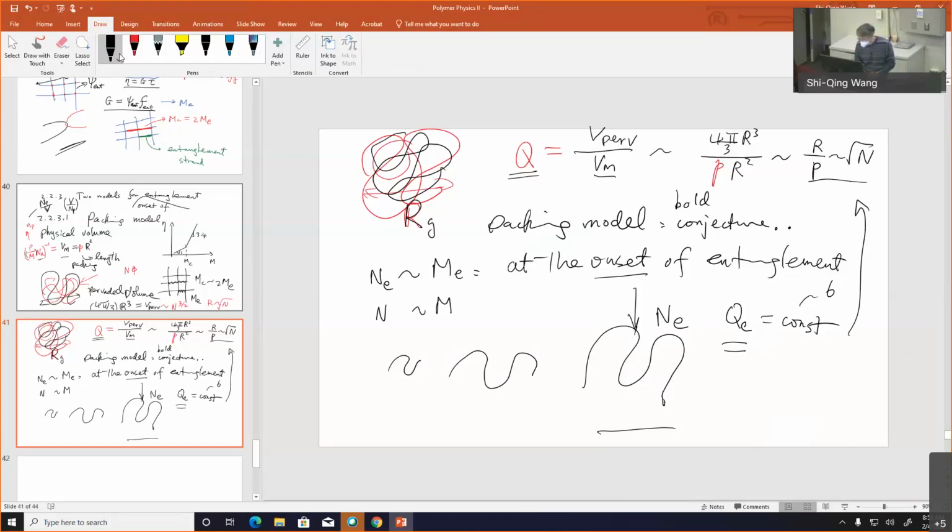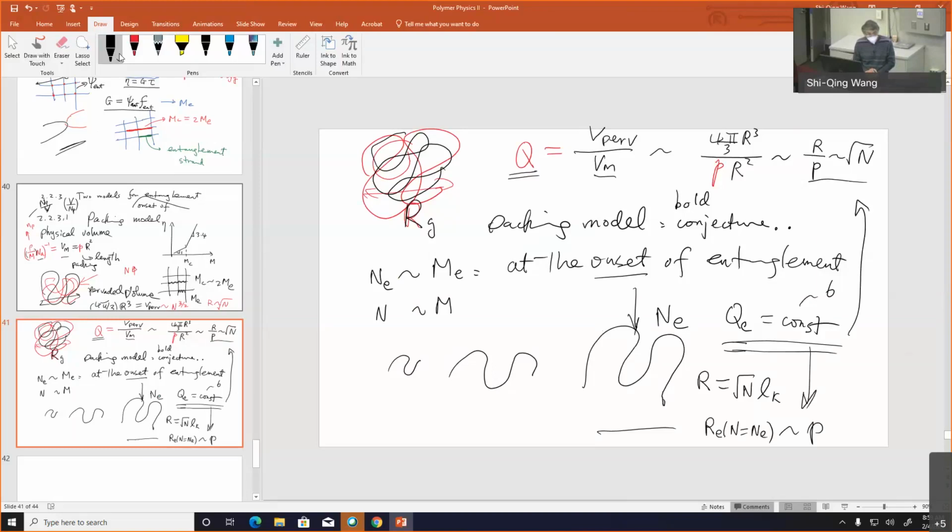Okay? Look at the formula of Q. It basically says, remember, R is a function of N. Therefore, R is an explicit function of N. It basically says, at the entanglement, when N equals N_E, because of this expression, it is proportional to p.